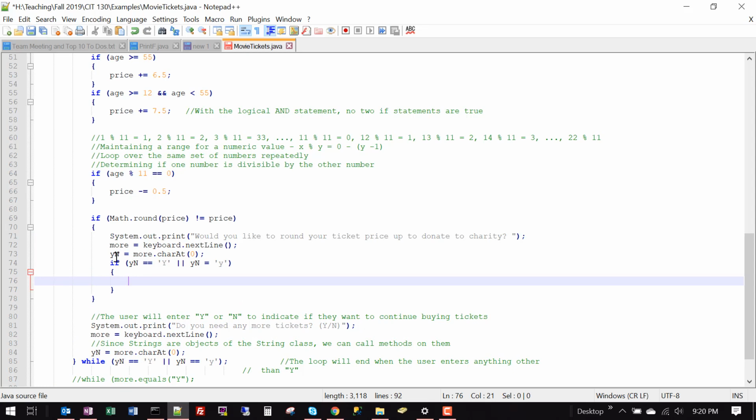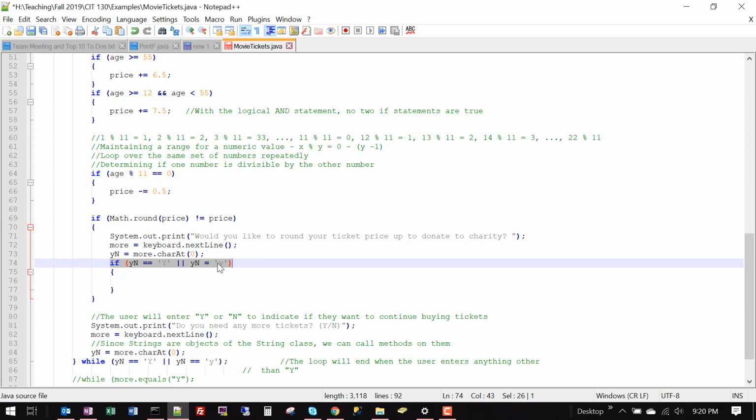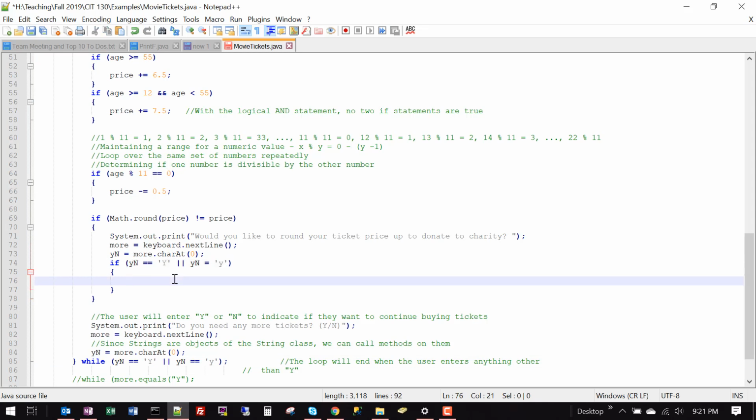Now, here's a great example of something I mentioned in the last lecture. If and while work very similarly. The difference is if is only checking once to see if I've performed what's in here once or not.